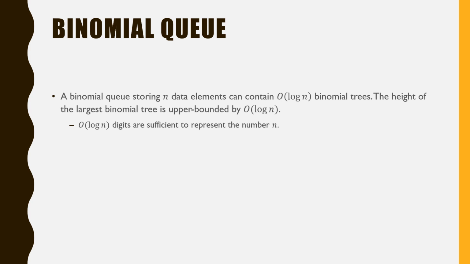The height of the largest binomial tree is also bounded by O(log n). This is because the number n can be represented using O(log n) binary digits, with at most O(log n) occurrences of the digit 1.